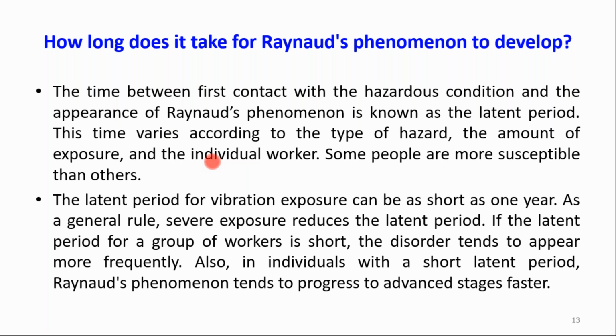So I may feel Raynaud's phenomena after 30 minutes, and another worker may feel the same phenomena with the same working condition after 20 minutes. That also depends on the individual's working capacity and the susceptibility of that particular worker.